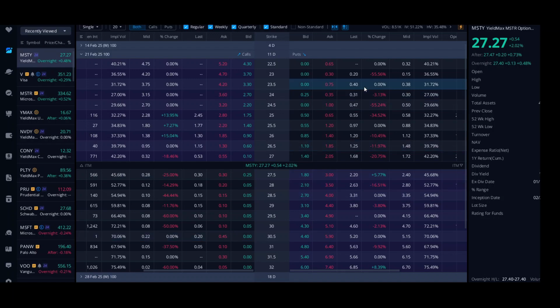On your puts here, $27 is less than the current price of $27.27, so that means this is out of the money, because we are looking for the price to go down. If it does, it will possibly trigger me and force me to purchase those shares at whatever strike I select, and these are the strikes here.